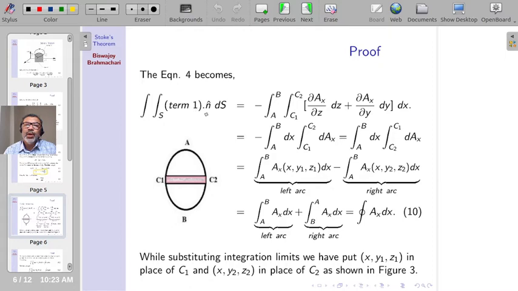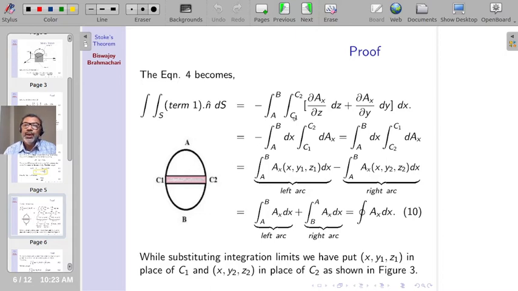Then term 1 dot n ds is integrated from a to b, that is from here to here, and c1 to c2, that is here to here. That means we are first integrating over the strip C1, C2. Then after integrating, we are varying the strip from A to B.